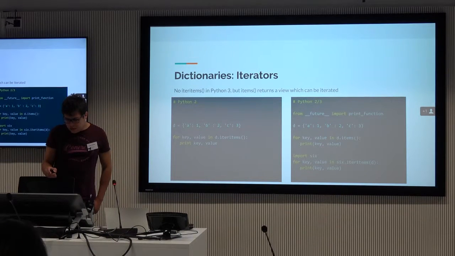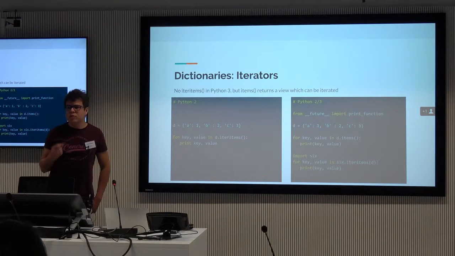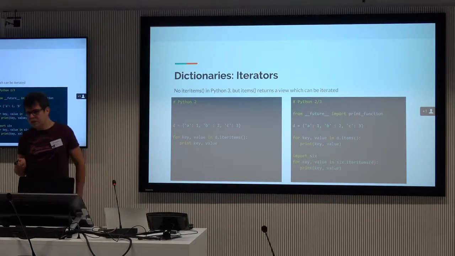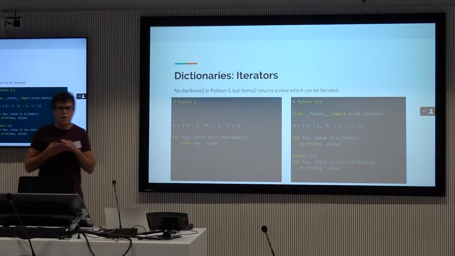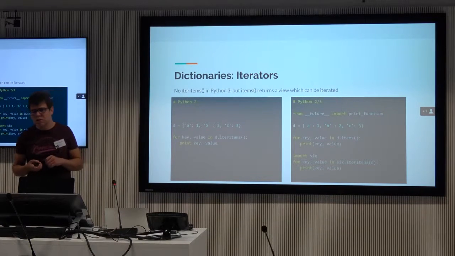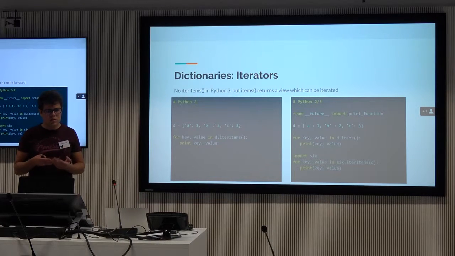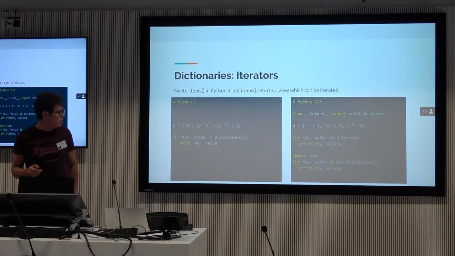Okay, so for iterators, in Python 2, the function items was usually a list. So if you had some kind of huge dictionary you need to iterate through, you wouldn't want to create that list in memory, and you would call iteritems in order to create the items of the dictionary one by one.